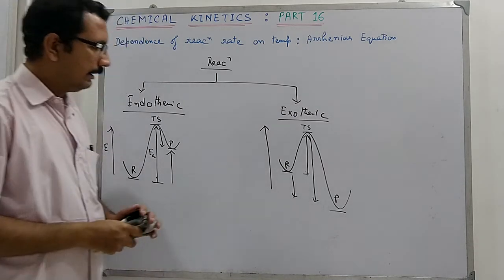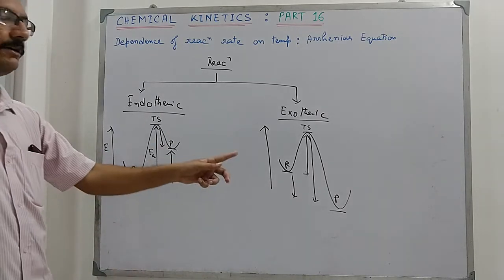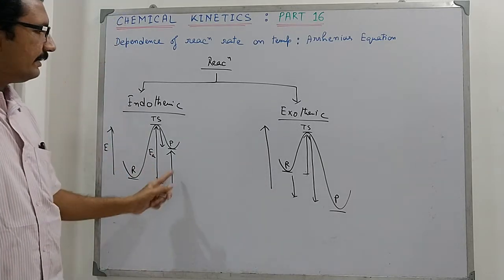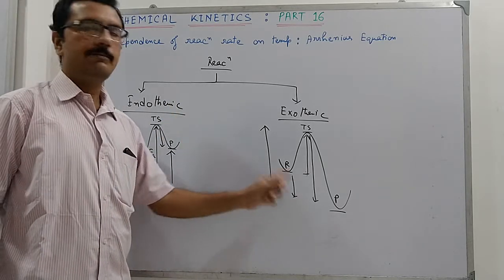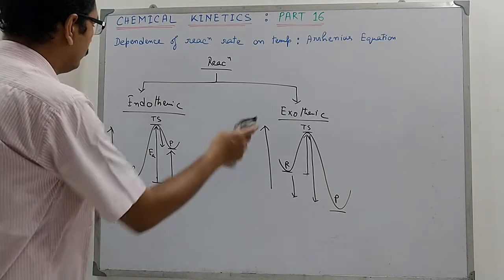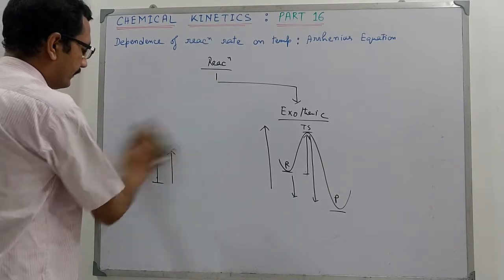Now in both the cases you see you have to cross the barrier. So whatever may be the reaction, whether it is endothermic or exothermic, you have to cross the barrier. So Arrhenius equation is valid for both endothermic and exothermic reactions.